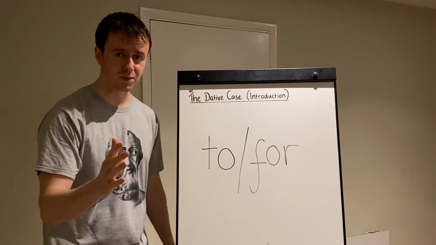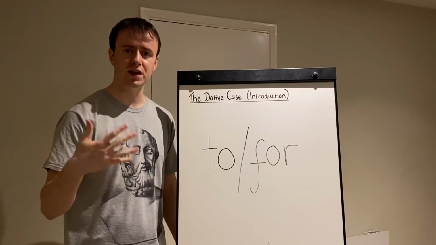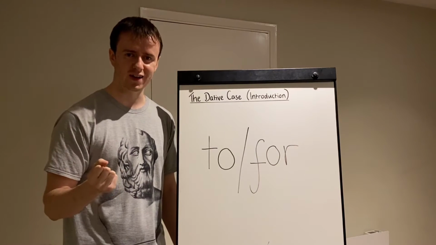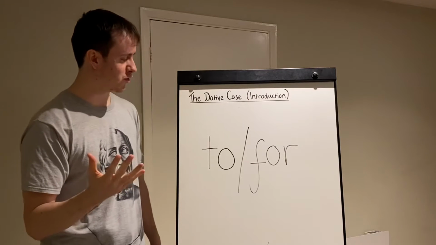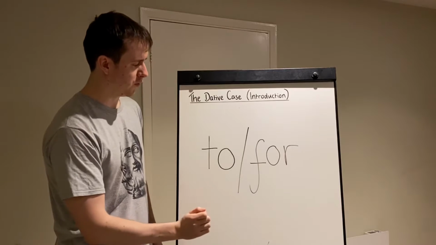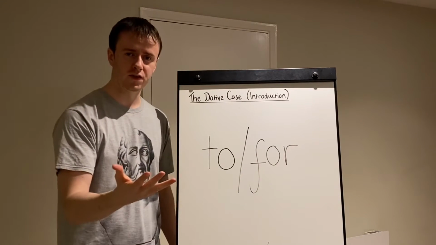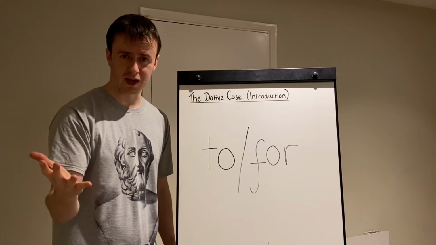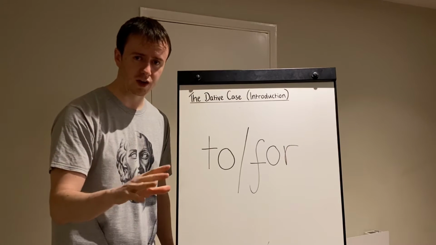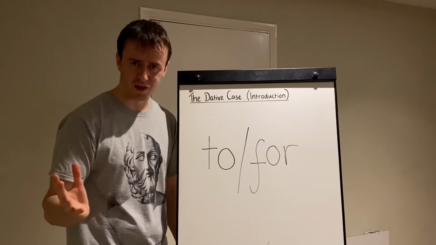That is to say, if you meet a noun in the dative case and the basic use of the dative case is being employed, then you should translate that noun by putting either "to" before it or "for" before it. So a noun in the dative, assuming the basic use is being employed, which it will be throughout this video, should be translated either as "to that noun" or "for that noun".